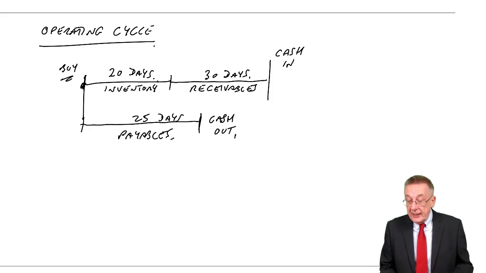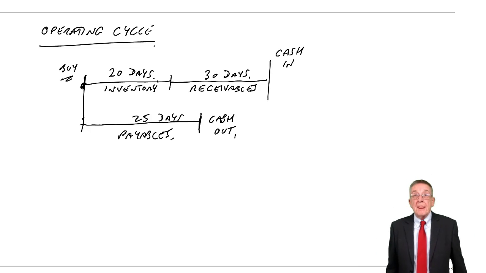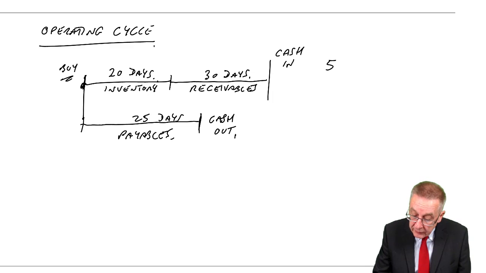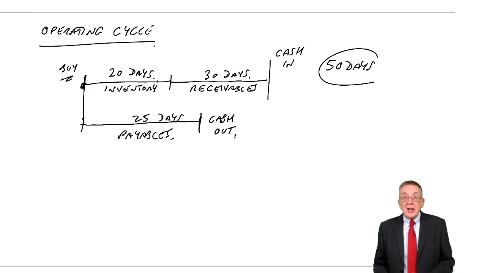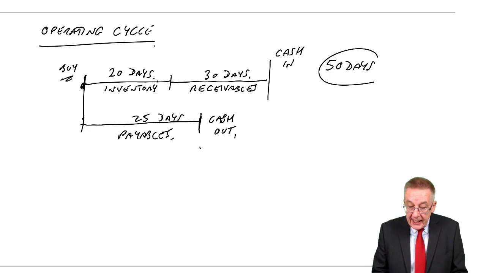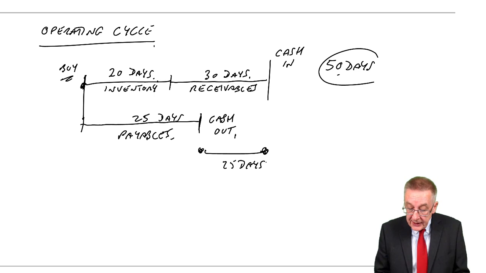The goods sit in inventory, and then I sell them and sell on credit. It's a total of 50 days before we get the cash back. And so how many days are we without cash? From the day the cash goes out to the day the cash comes back in, 50 minus 25, it's 25 days.